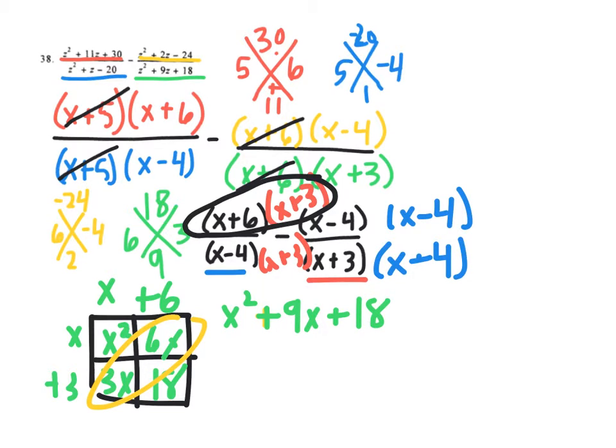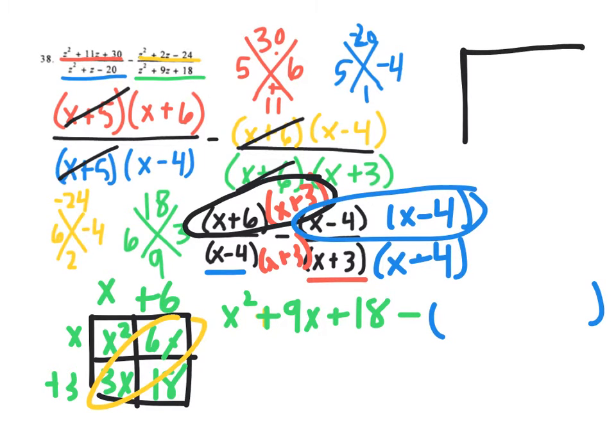And then we're subtracting from that, and we have to figure out what these guys equal. We'll put that all there in a moment. I'm going to do my work for that one up here. So we're doing x minus 4 times x minus 4.